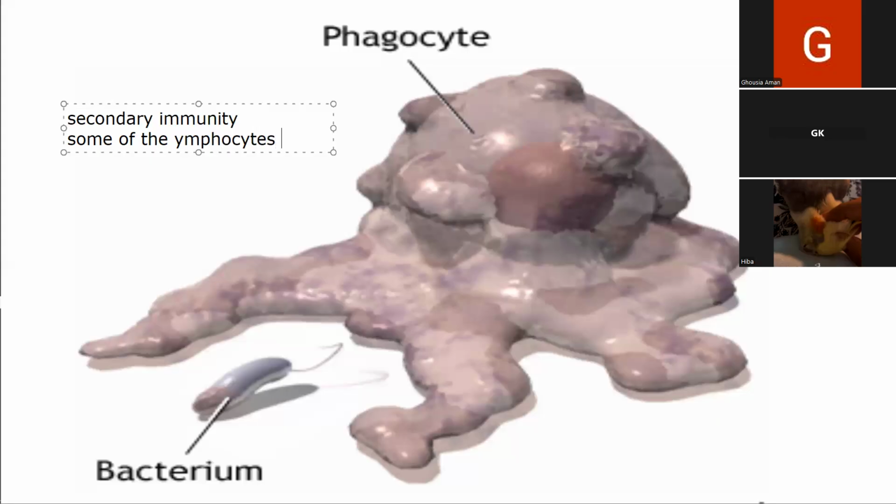Some lymphocytes recognize the germs and become the memory cells.